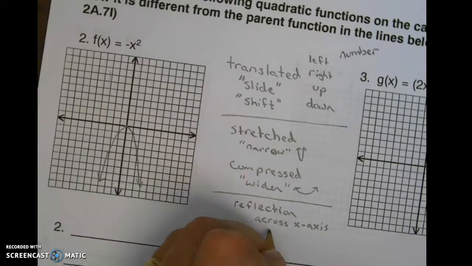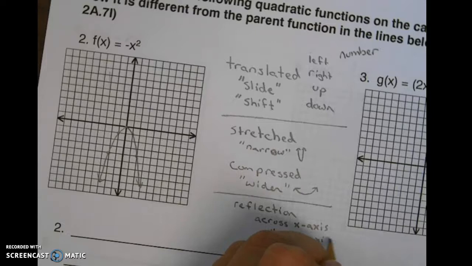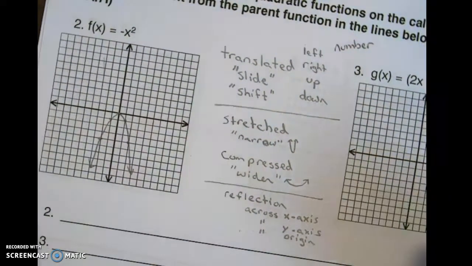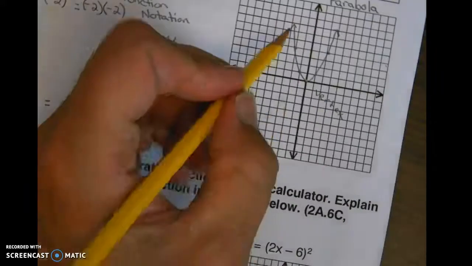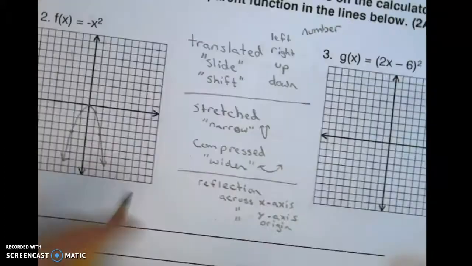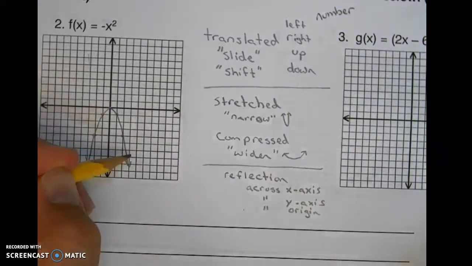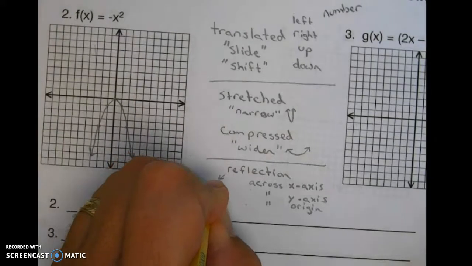It could be across the y-axis. And we could be across the origin. Okay, so what do you think? Do we have a reflection here? So the parent was opening up, and now it's opening down. So another word for reflection is flip.